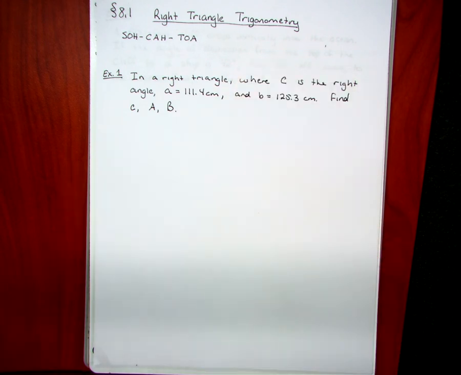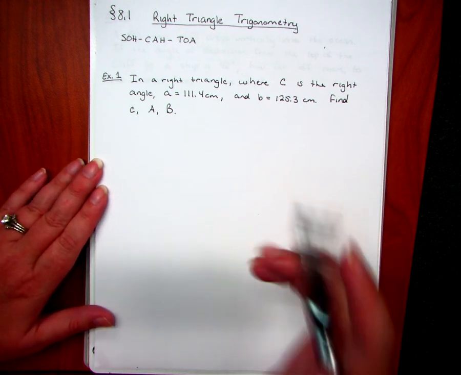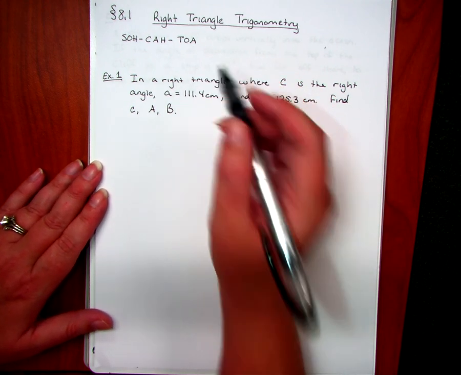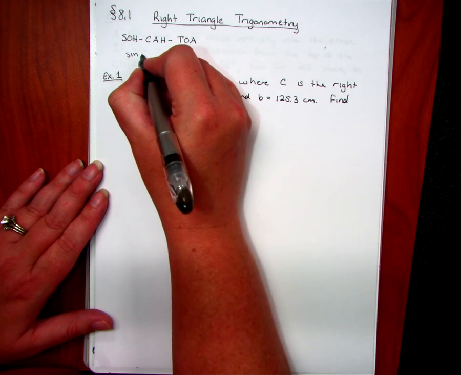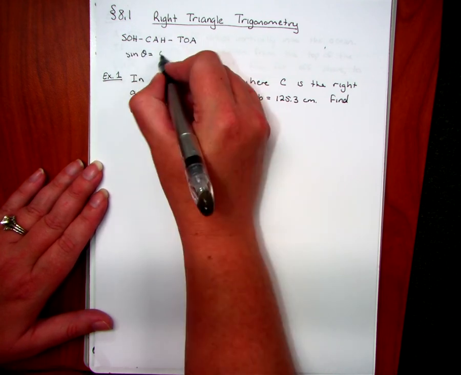So just to review, SOHCAHTOA. Remember, SOHCAHTOA is only used on right triangles. If we have an obtuse triangle or an acute triangle, we cannot use SOHCAHTOA. So sine of some angle is opposite over hypotenuse.